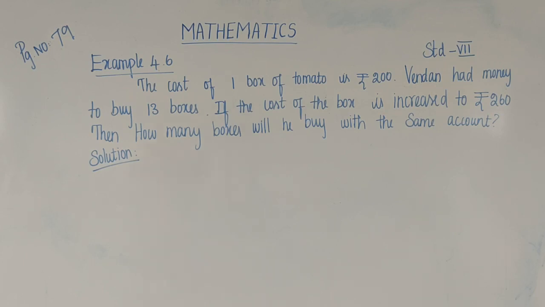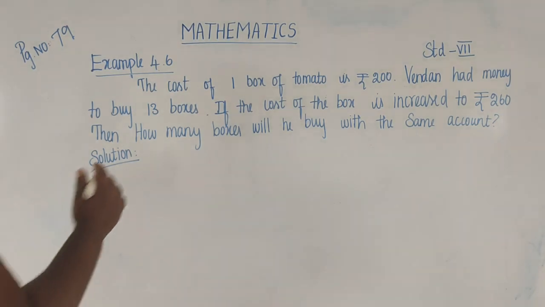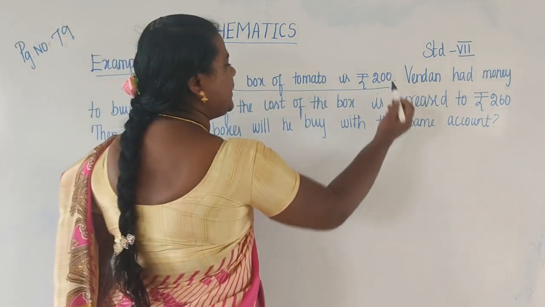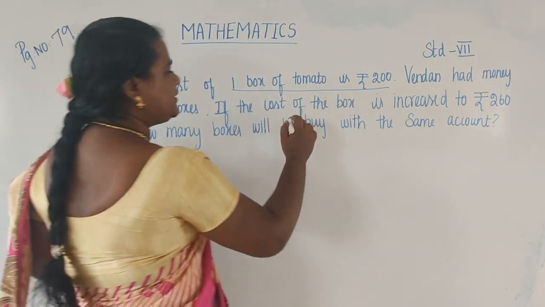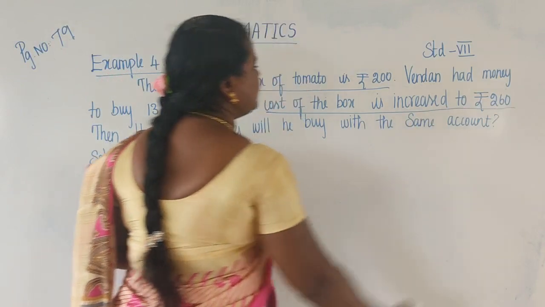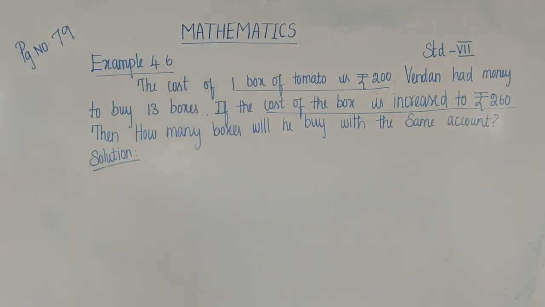What is given? One box of tomato is 200 rupees and the increased cost is 260 rupees. So the tomato cost is increased, but the number of boxes is decreased.